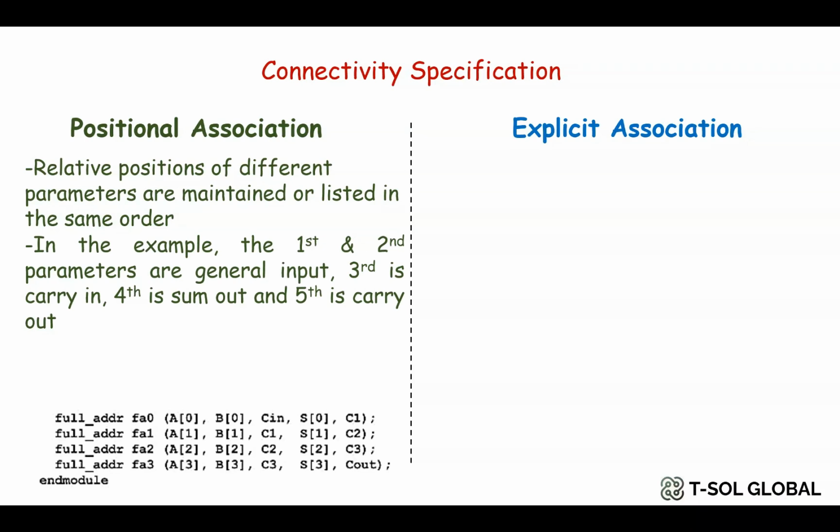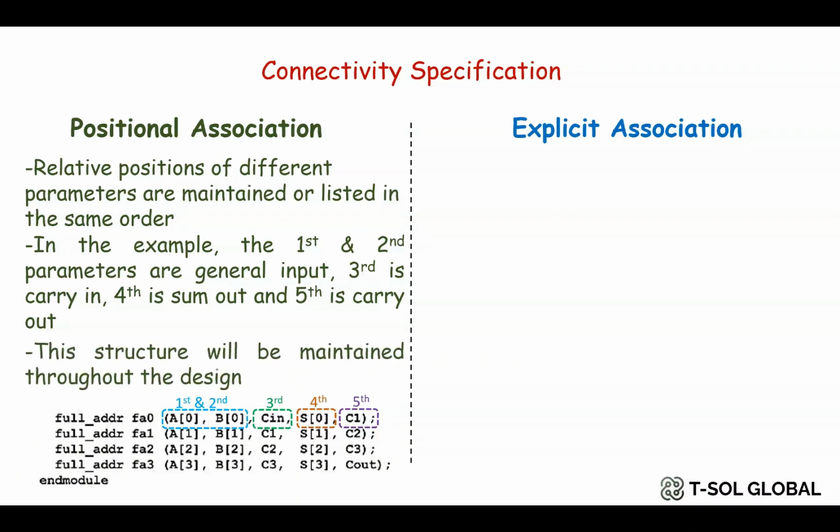In the example below, the first and second parameters are general input, third is carry in, fourth is sum out, and fifth is carry out. So this structure will be maintained throughout the design.